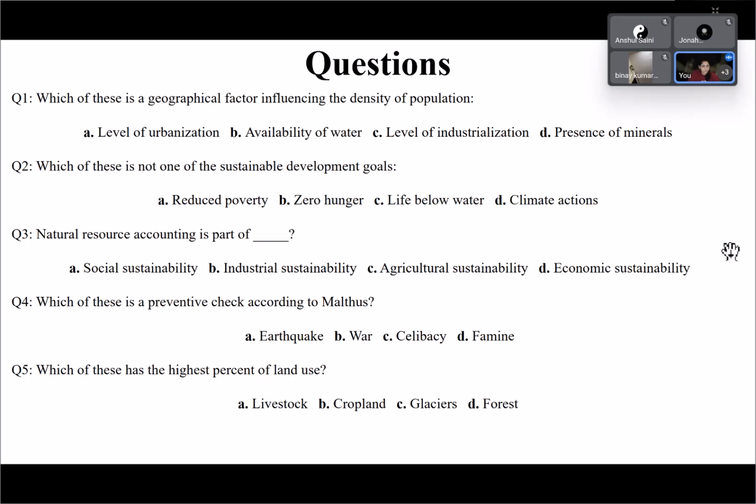Here, one thing that I did not discuss was Malthus, which was discussed extensively in the lecture series. Malthus basically talked about population growth rate, and then he talked about how population is controlled by itself, and how do you control the population growth rate.